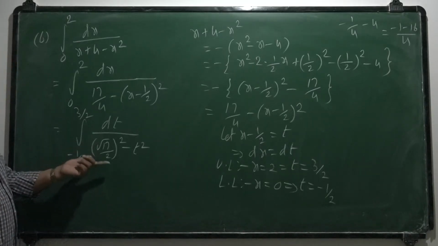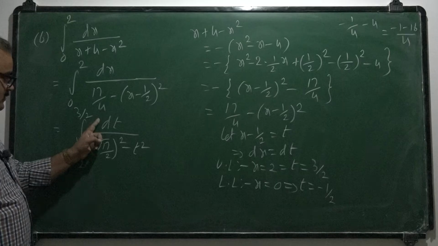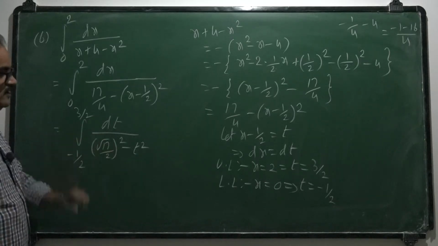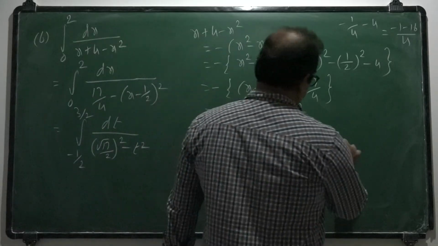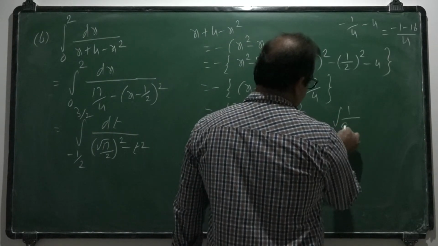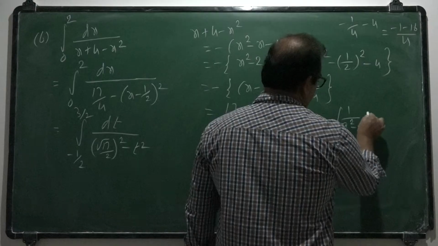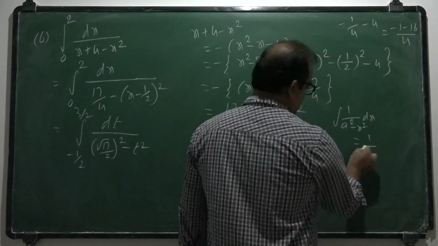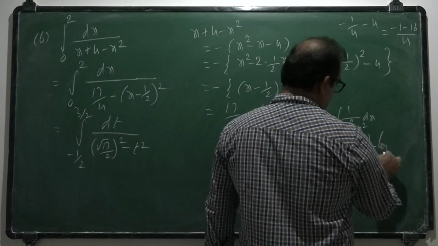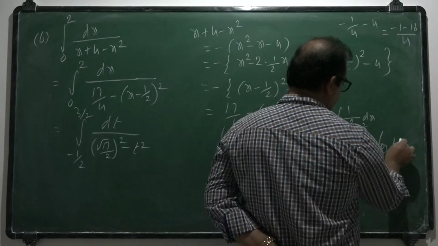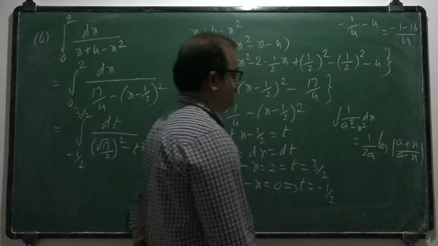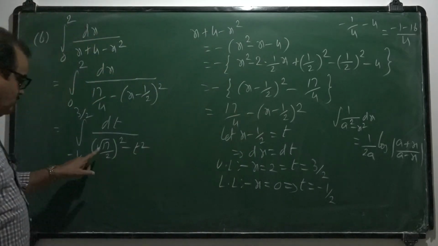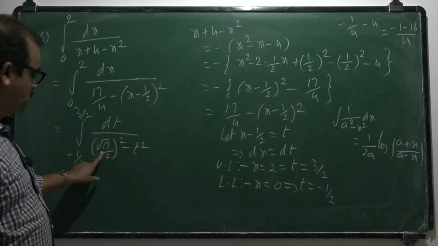See, this integration is in the form of integral 1 by a square minus x square into dx. Apply that formula. Integral 1 by a square minus x square dx is 1 by 2a into log of a plus x by a minus x. Apply that formula. What is the a value? Root 17 by 2.